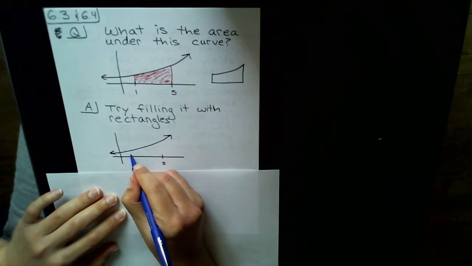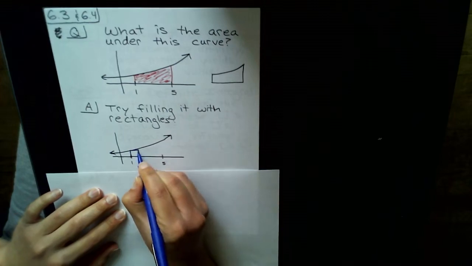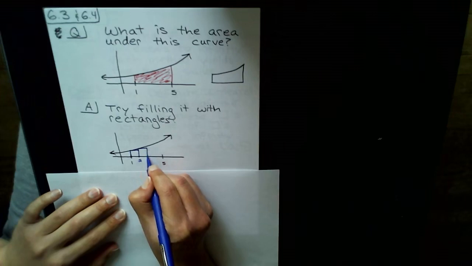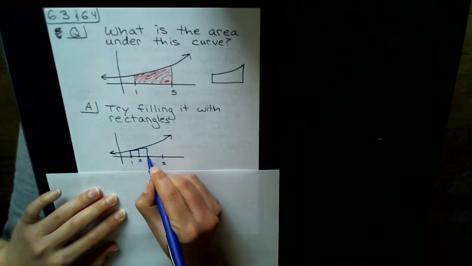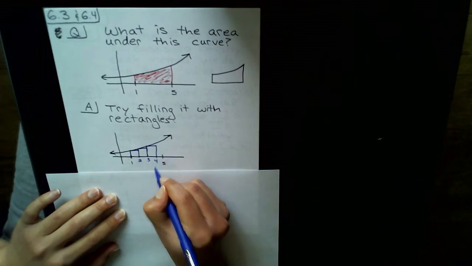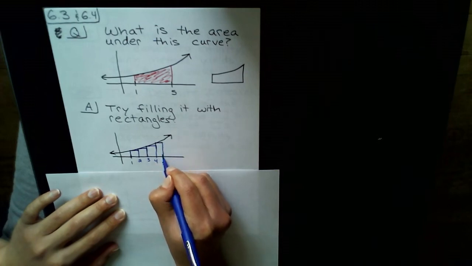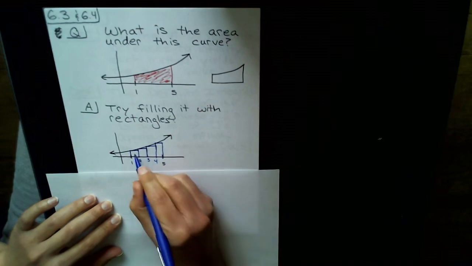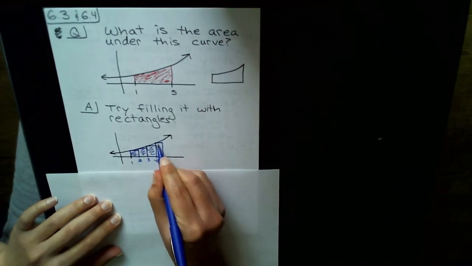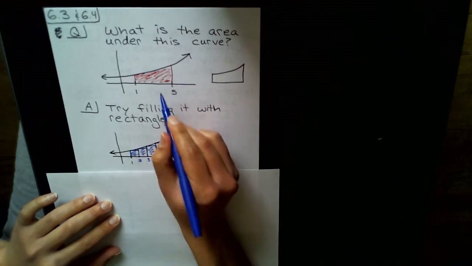So if I were to start drawing a rectangle up from 1 and then going horizontal until I reach x equals 2, and then starting at x equals 2 until I hit the graph, and going over horizontal until I hit x equals 3, and then again starting at x equals 3, going up until I hit the graph, going horizontal until x equals 4, and finally going up from x equals 4 until I hit the graph, going horizontal until x equals 5, we'd get these 4 rectangles that when you add the area underneath them together, you'd get a pretty accurate idea of what this area is.